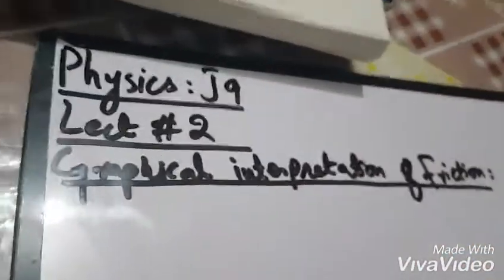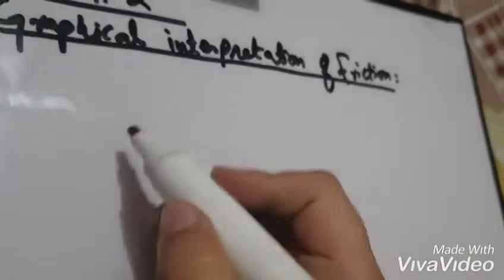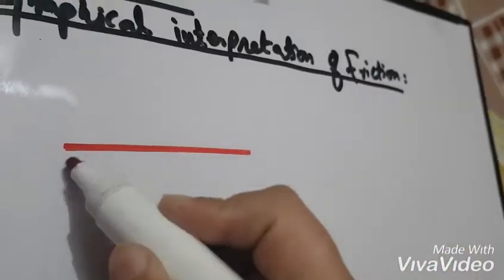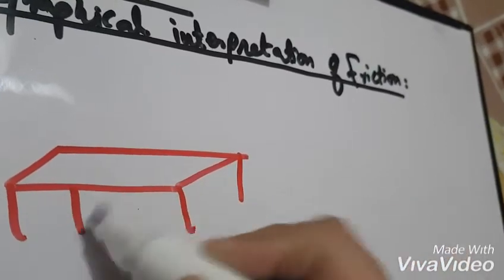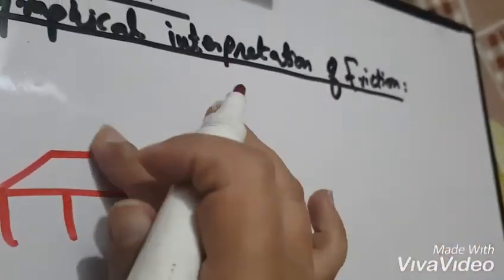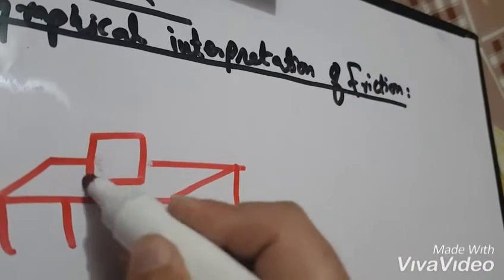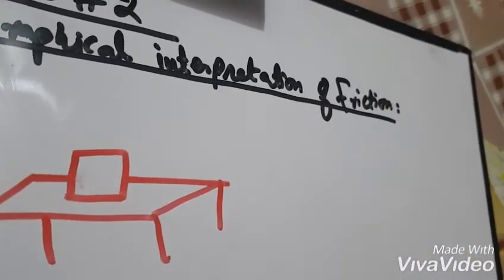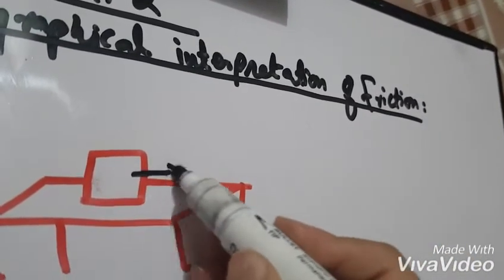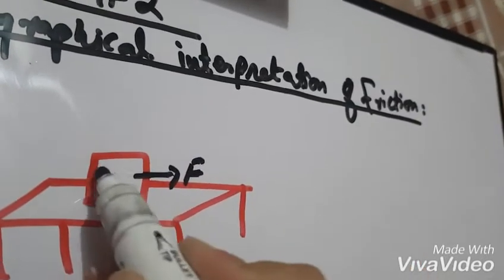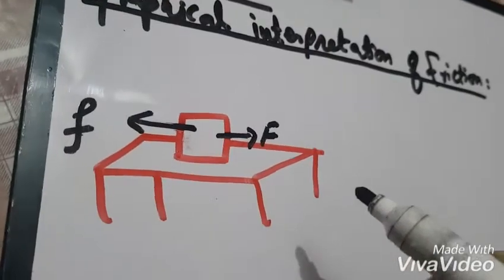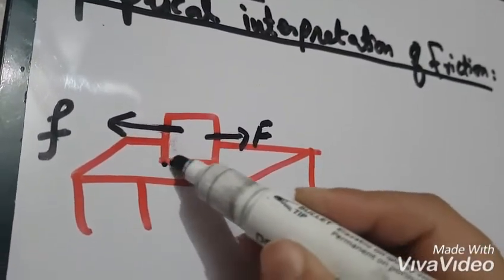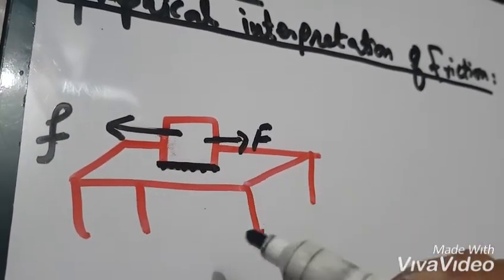Let us consider that we have a tabletop, and on that tabletop we have a box like this. If you apply some force here, this is the applied force, then the frictional force will be in the opposite direction, and this frictional force opposes the motion of this block against the tabletop.